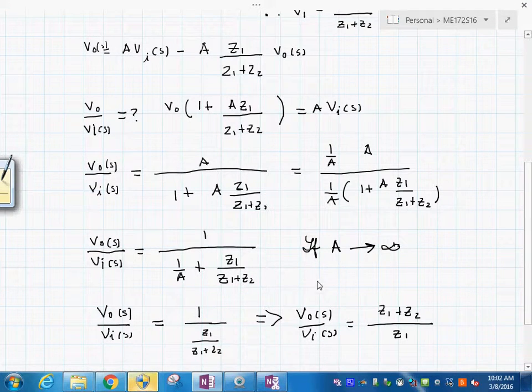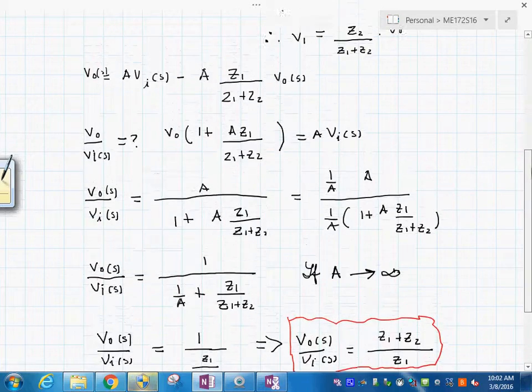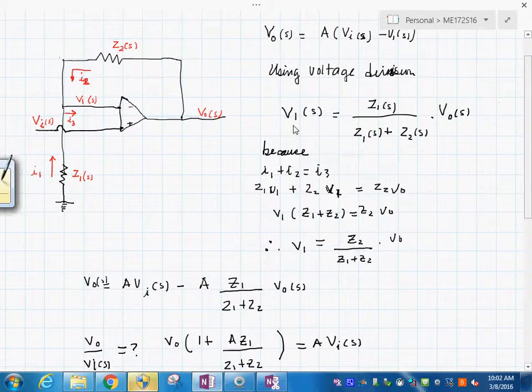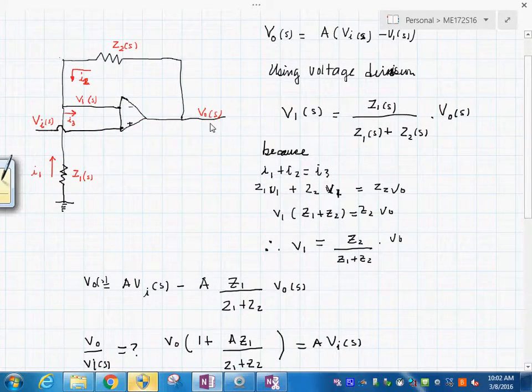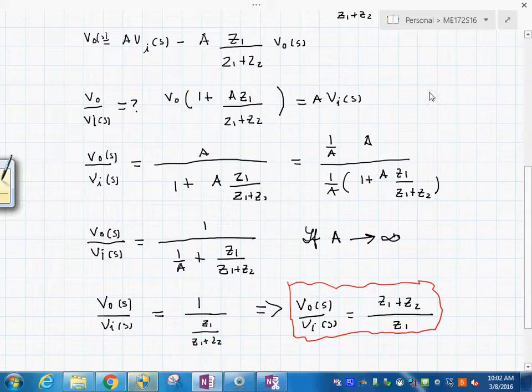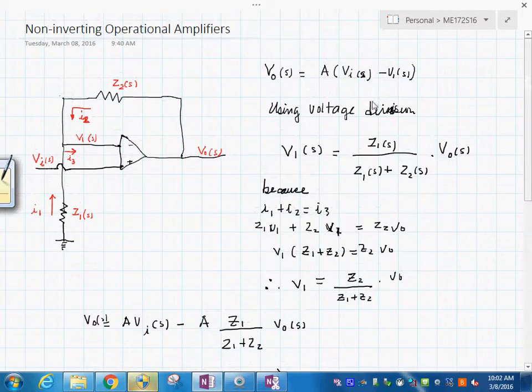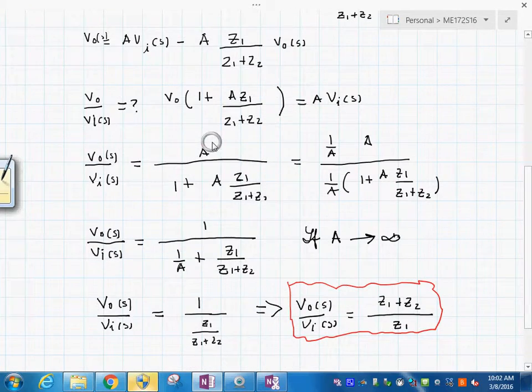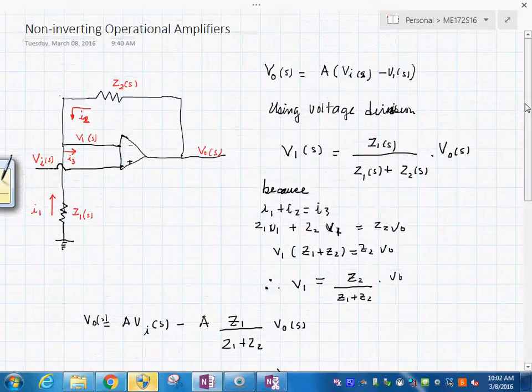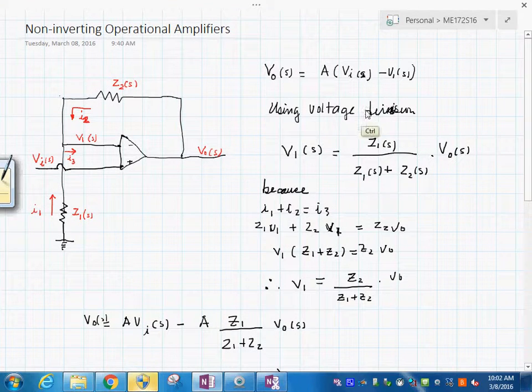That's what we have established here. So this is the equation. Obviously you can see there's no change in the signal. This is a non-inverting op-amp. People refer to them as op-amps also, for short, for operational amplifier.